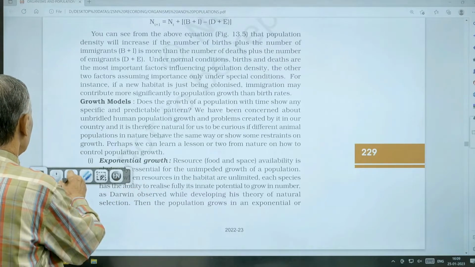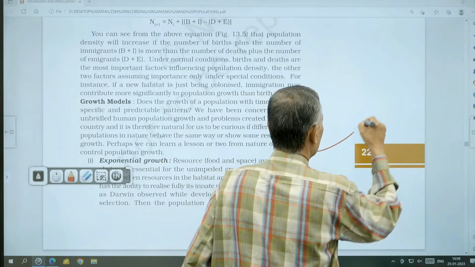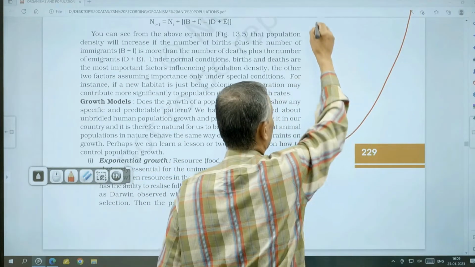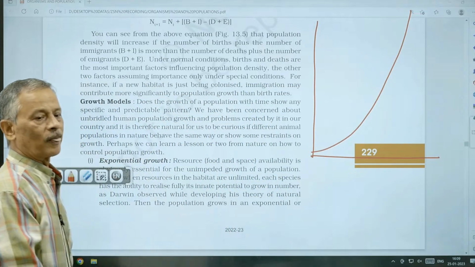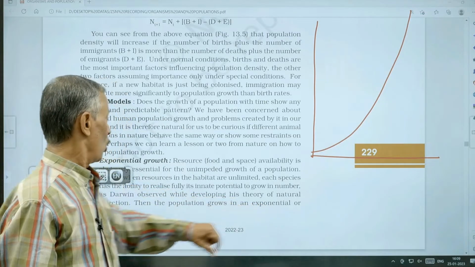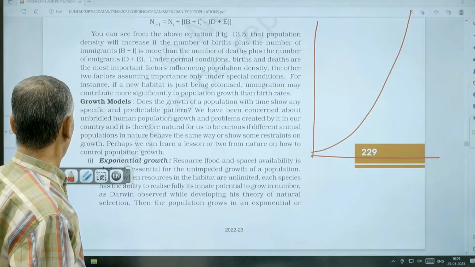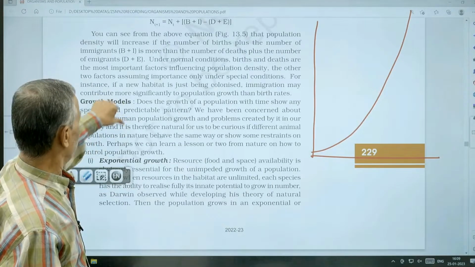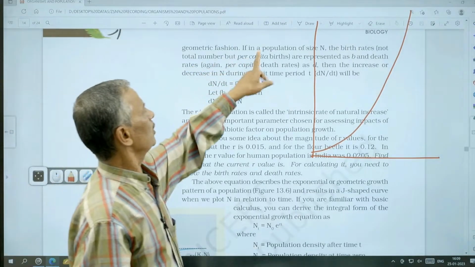That J curve is obtained when population is growing steadily, always. Okay. In an exponential or in a geometrical way, population is always growing. Okay. In a geometrical fashion.